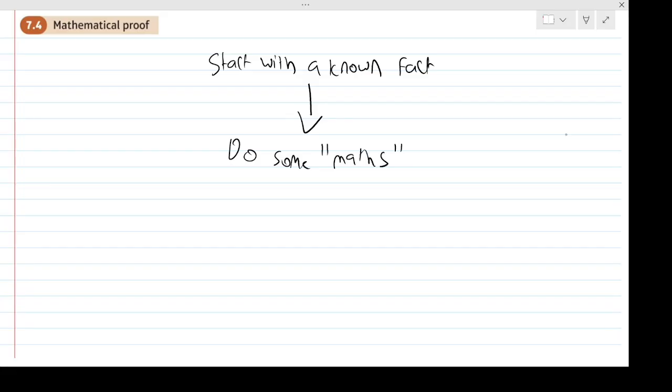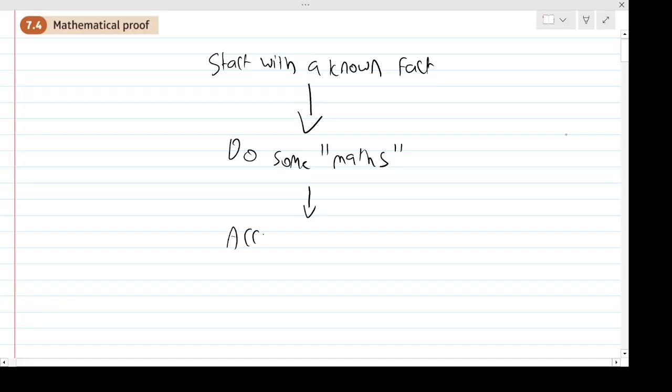We apply some stuff that we also know is true. And so it creates a chain of reasoning. We go from step to step to step, and all the way through, we know every step is correct, so we're all fine. Eventually, we'll get to the statement that we want.